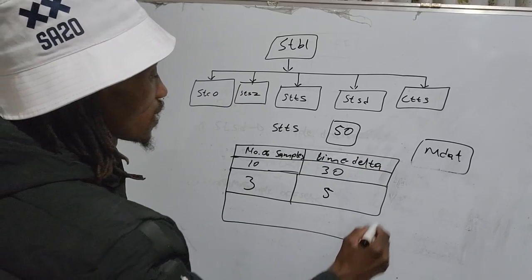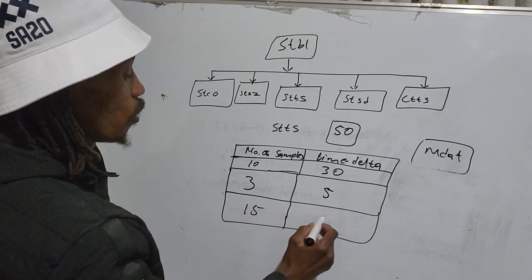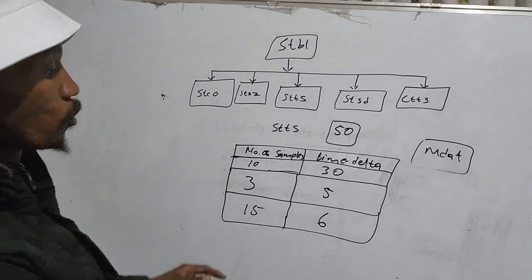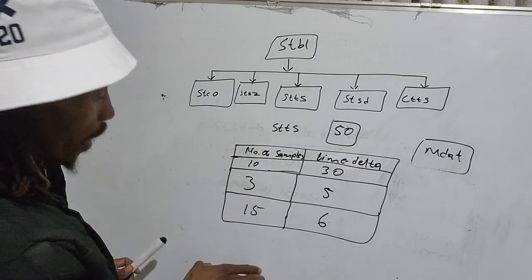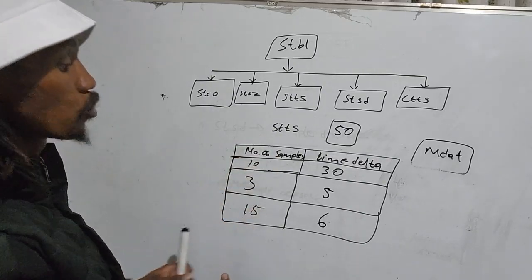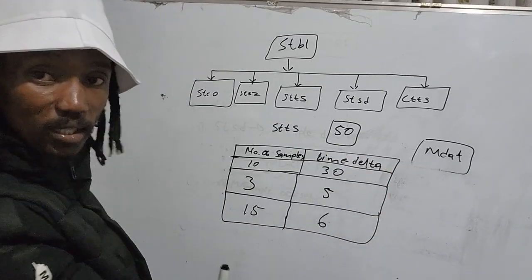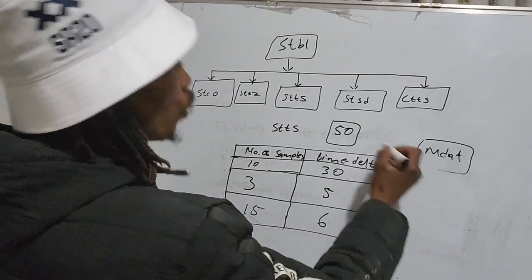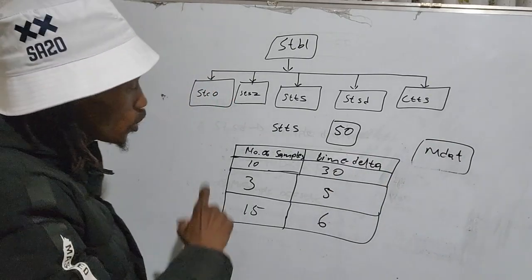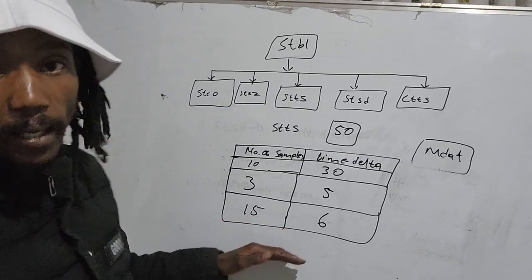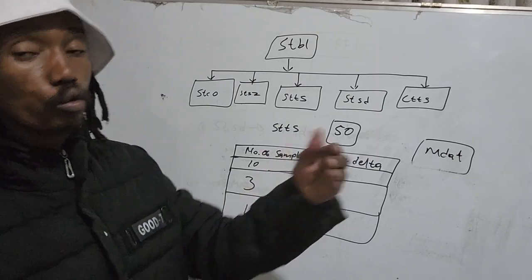The third, let's say 15 samples, have a duration of 6. So this table is going to go down until you get to the end, with the total number of samples and their durations being listed. By adding all these time deltas together, you get the total duration of the whole track.